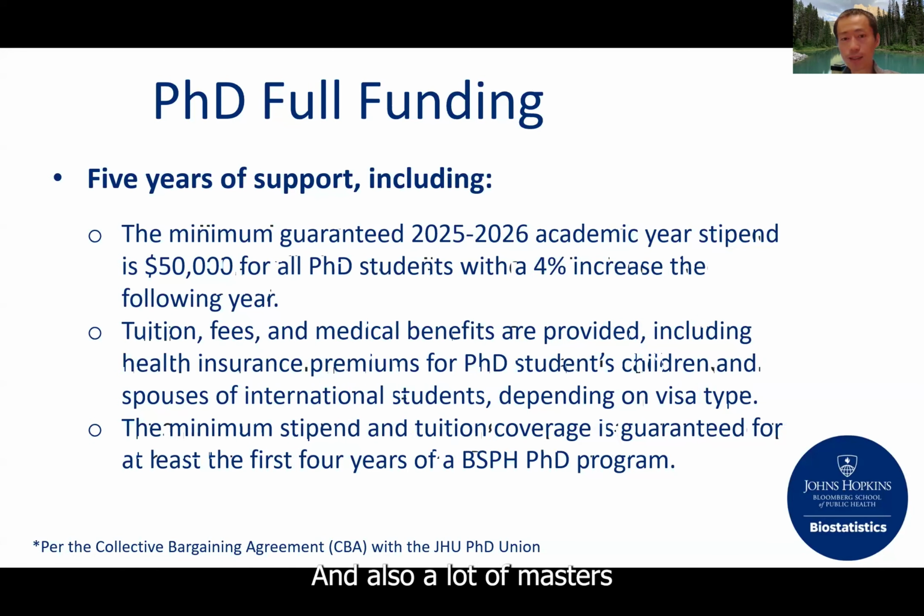Also, a lot of master's students work with professors as research assistants, and through that you also get payment and stipend from the grants. So that's what will happen in practice.